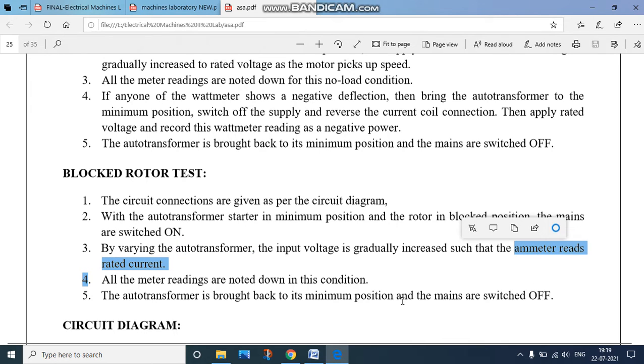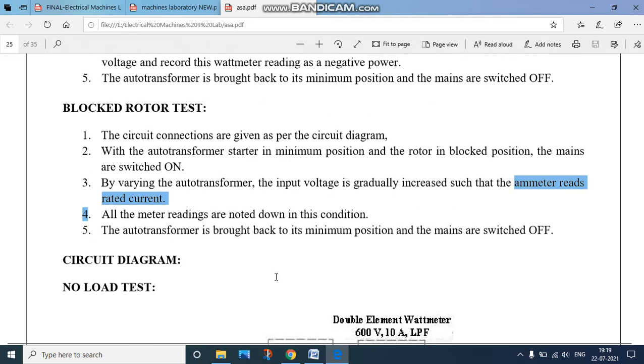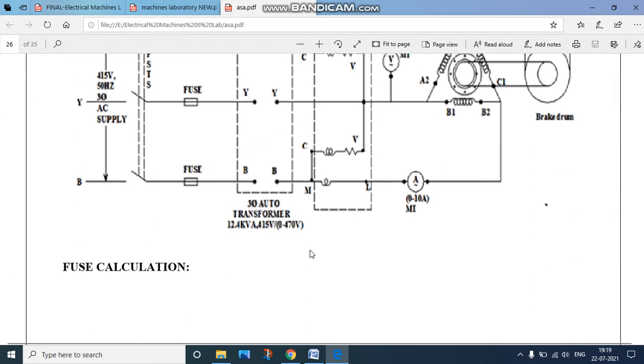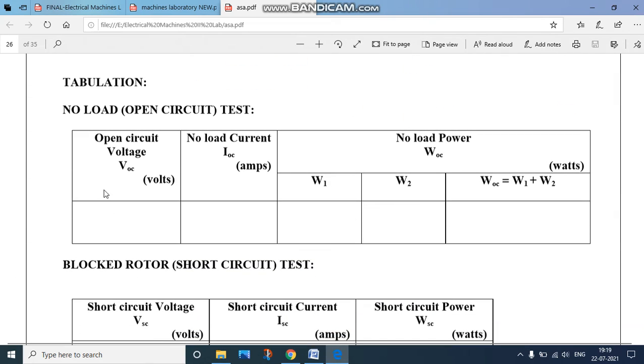Usually short circuit tests are done by varying up to the rated current on the ammeter. All the readings should be noted, and the auto transformer is brought back to the minimum position. Now we can get the values of 450 volt here, corresponding current, wattmeter readings and total wattmeter value.